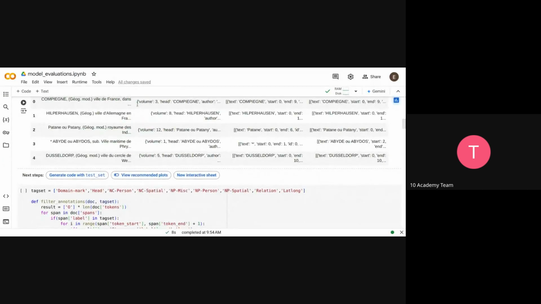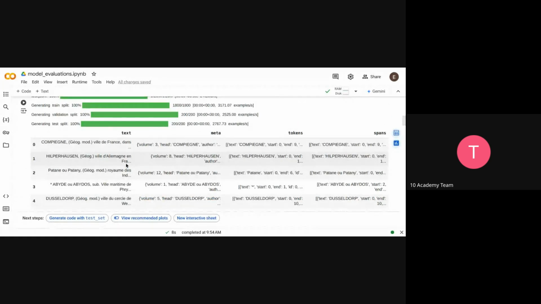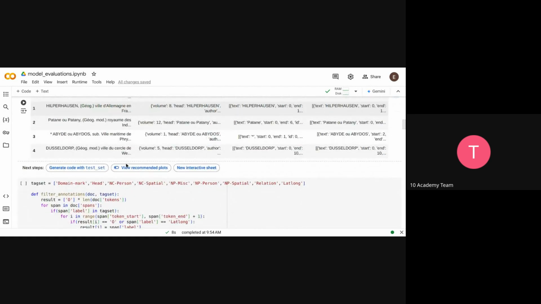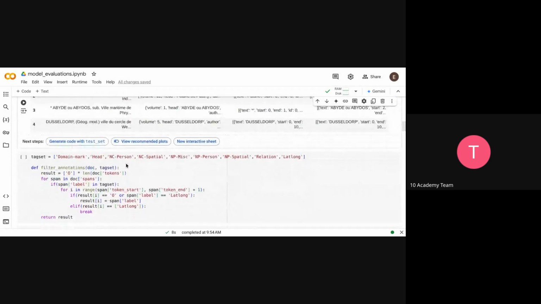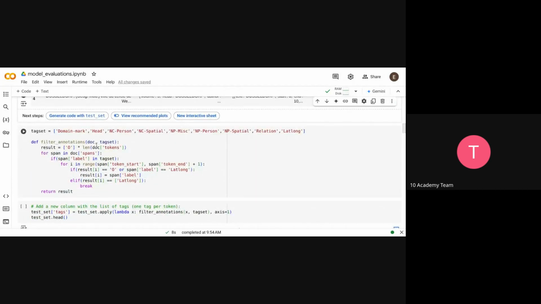So I have this data set. This is my test data set. I'm not fine-tuning my model here. I'm just going to test the model, to evaluate the model on this. Maybe you can do a set of cleaning in this function.